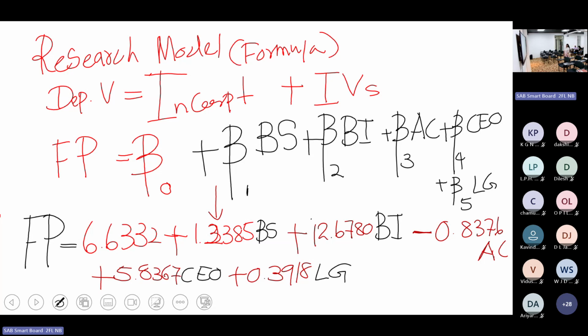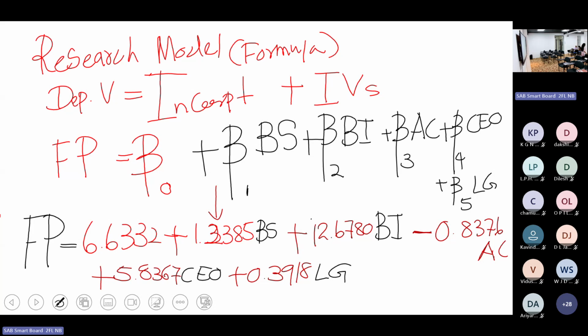So what about beta 0, the 6.6332? What does it say? That is the intercept. The intercept says that where the others are constant, the other factors which have not been identified in the model will create a 6.6332 times impact on the financial performance.